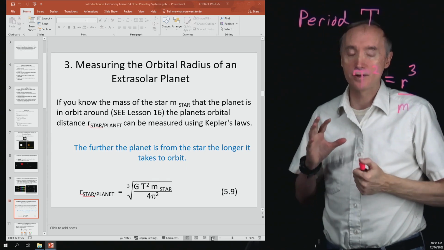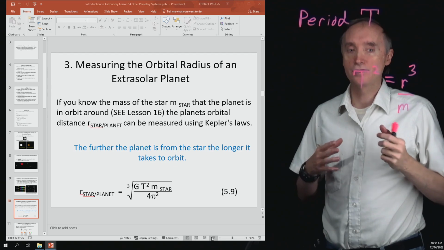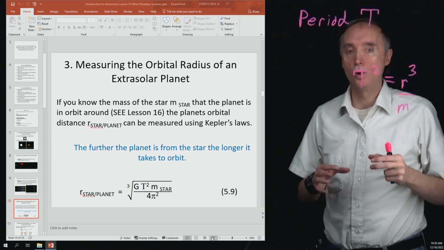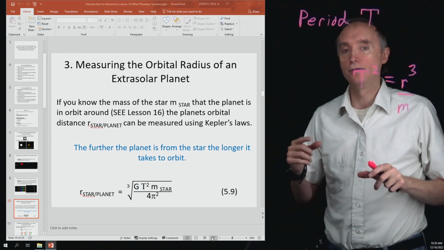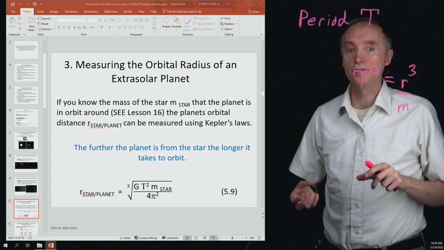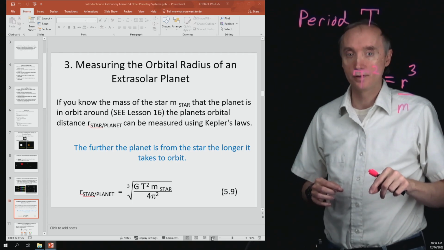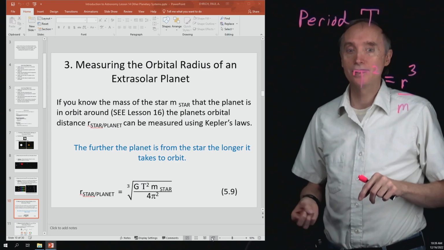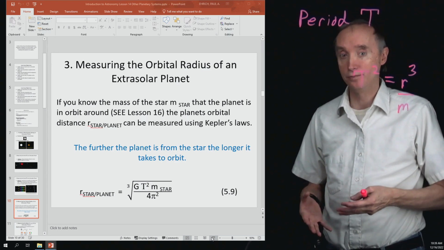Well, as an approximation, remember that, let's say it's Jupiter again. Jupiter is going to be 1/10 the diameter of the sun. So that means that in terms of its volume, it's 1/1000th the volume of the sun, which means it's about 1/1000th the mass of the sun.